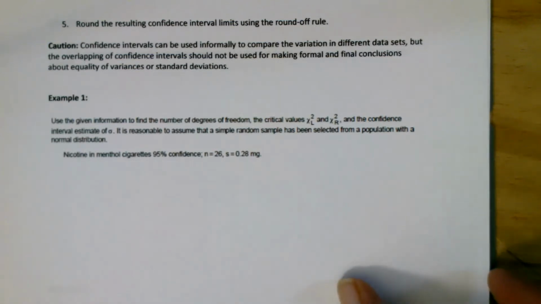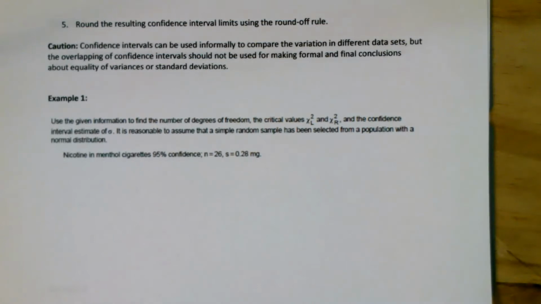All right, so now let's look at example 1. Let's apply that procedure that was just presented in this example. Use the given information to find the number of degrees of freedom, the critical values for chi-square on the left and for chi-square on the right, and the confidence interval estimate of sigma.